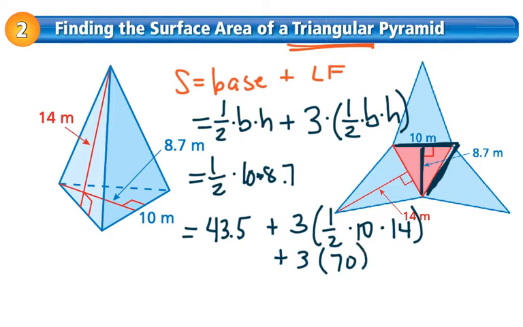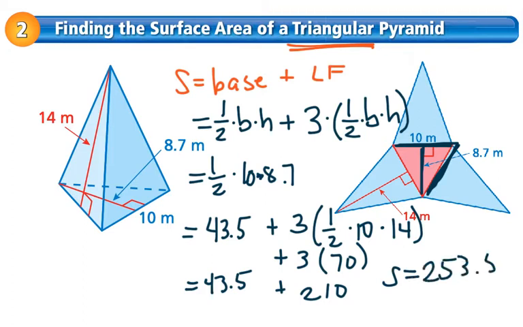And if we have 3 of those, that's 3 times 70 is 210 square meters. And to that, we will still add our 43.5 from the base. And we get a total surface area of 253.5 square meters.